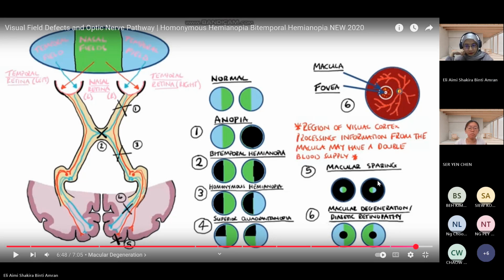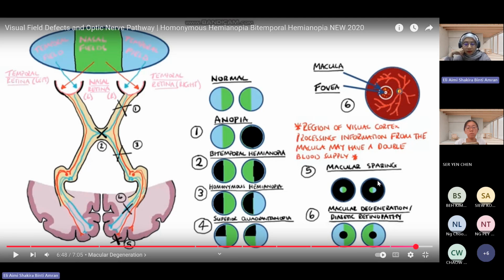On the retinal level, usually the macula will be damaged. Total macula damage happens in degeneration, AMD, age-related macular degeneration, and diabetic retinopathy.